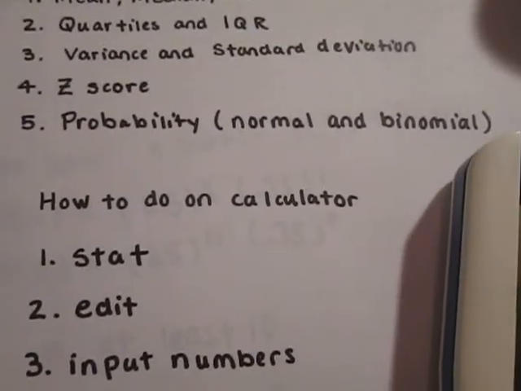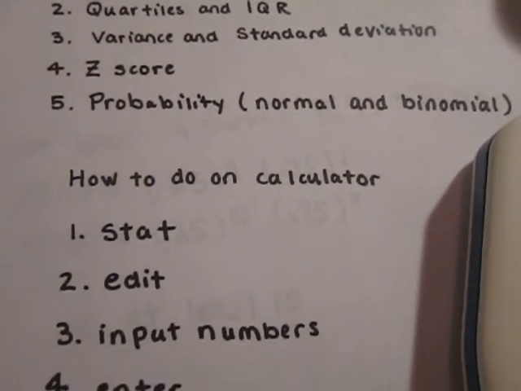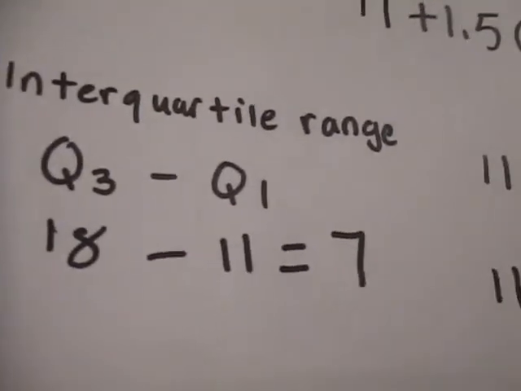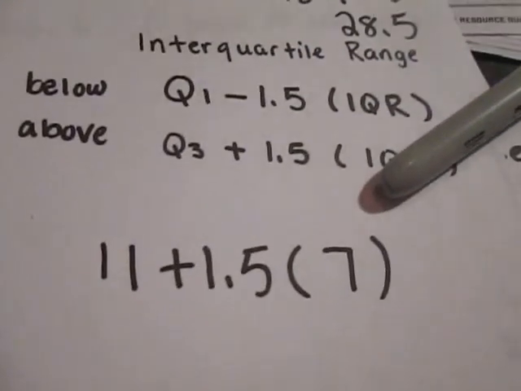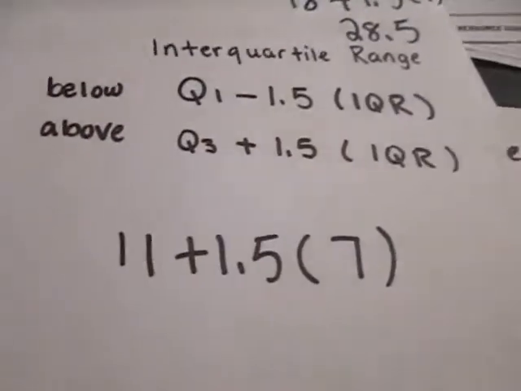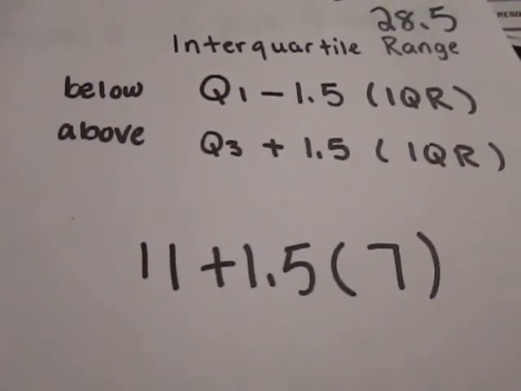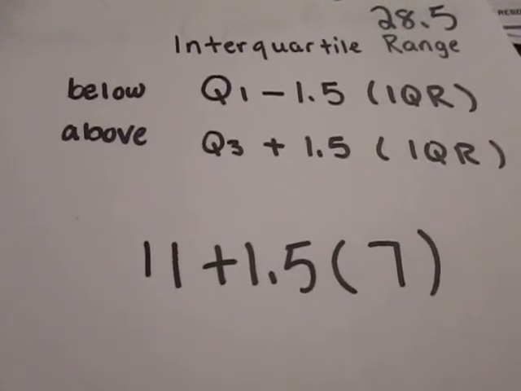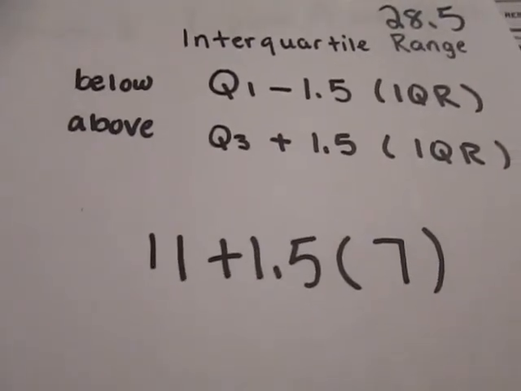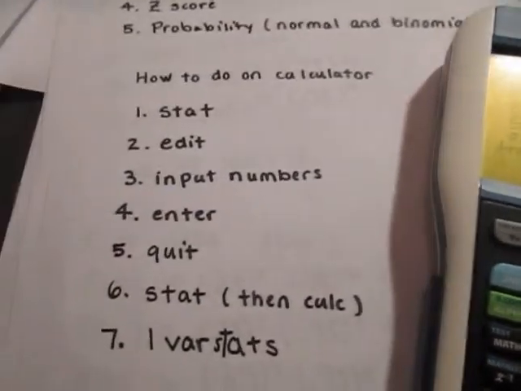Then we learned about quartiles and IQR, finding the interquartile range, then using this formula to calculate outliers: Q1 minus 1.5 times IQR, and anything above Q3 plus 1.5 times IQR.